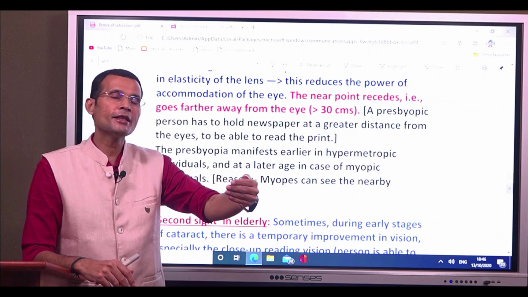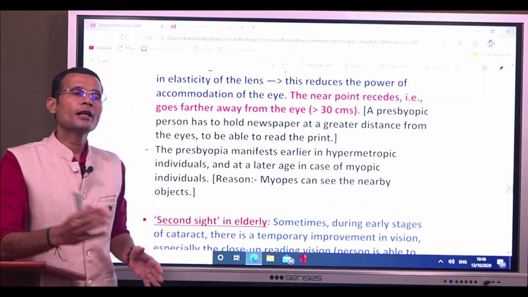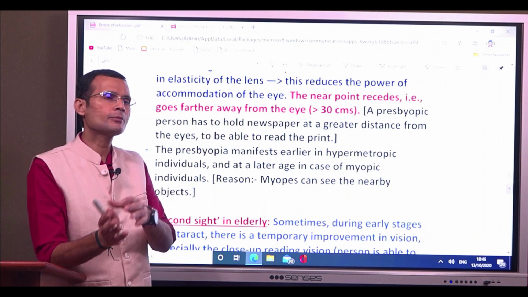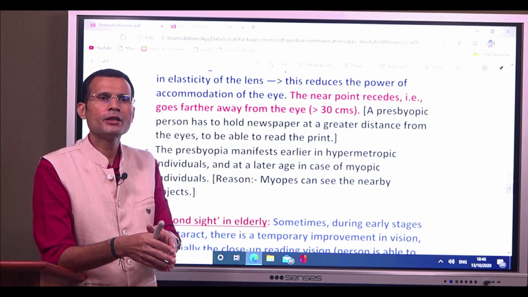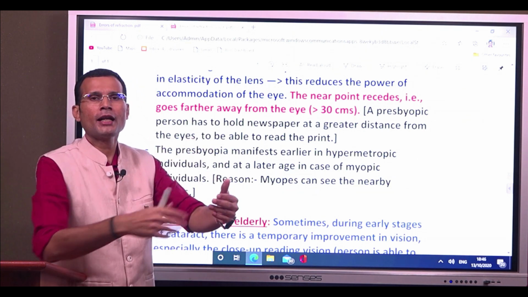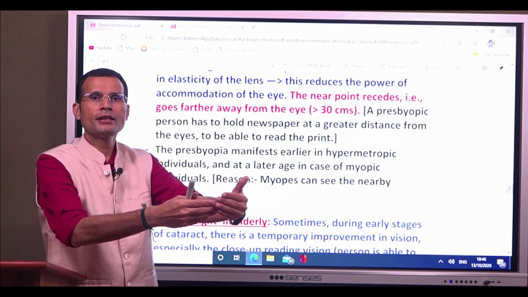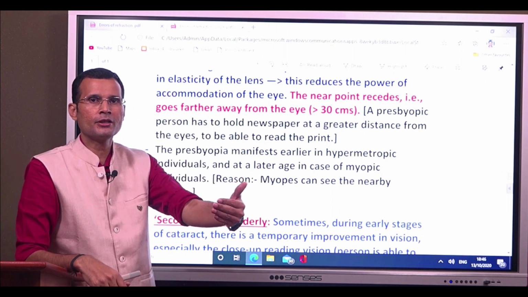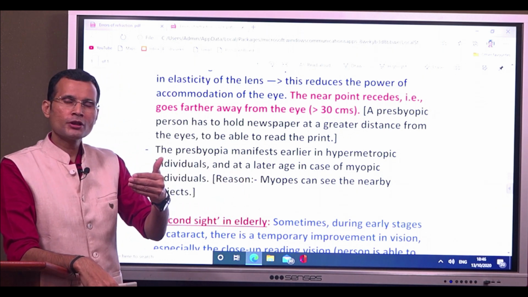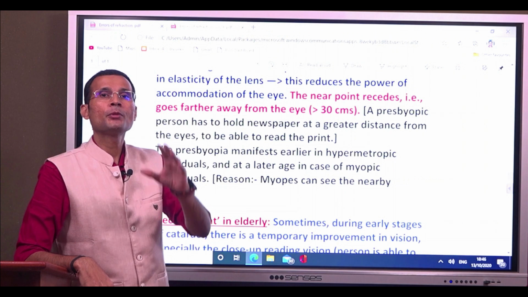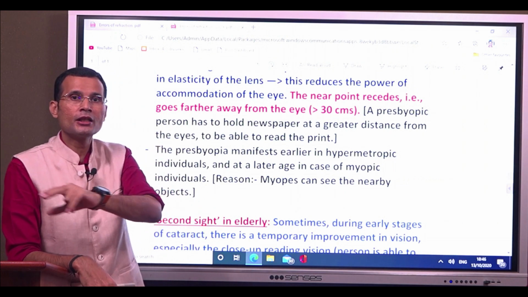Near point recedes from the eye. Normally, as I had mentioned, it is 30-40 centimeters. If it goes beyond that, I mean the object can be seen clearly only at 45 centimeters, 50 centimeters, 60 centimeters. If it comes closer than that, it can't be seen clearly because the lens cannot increase the curvature.